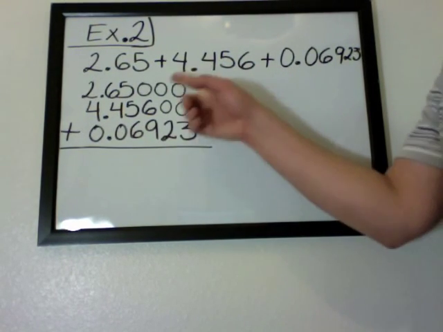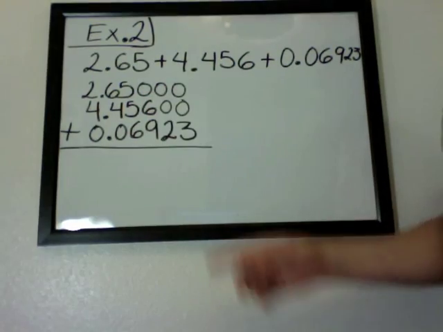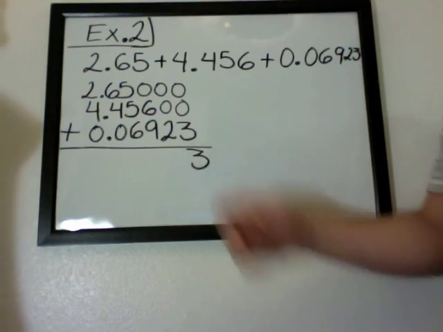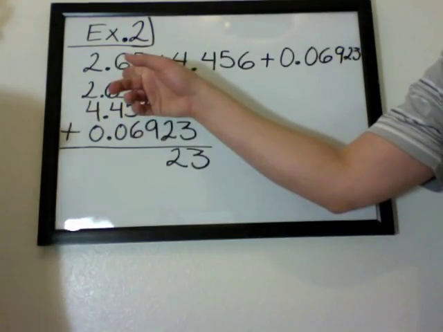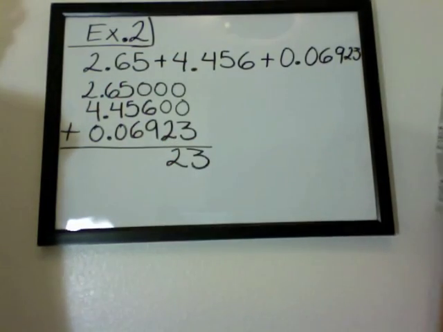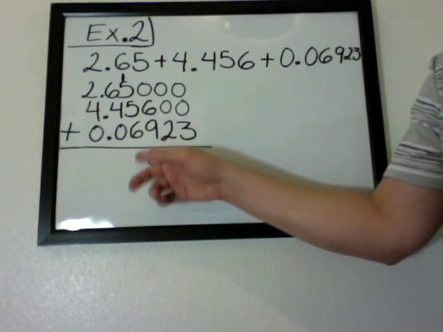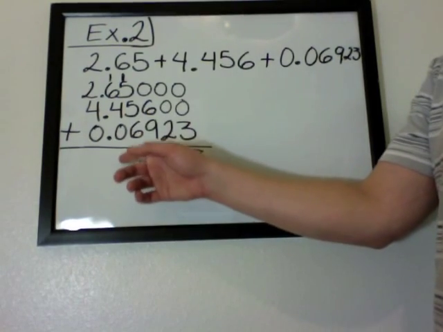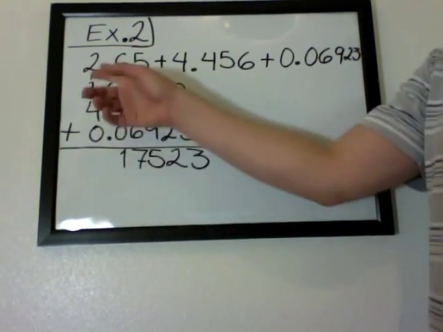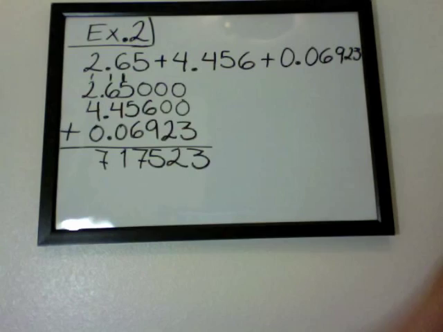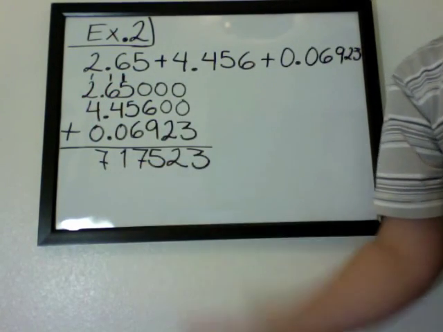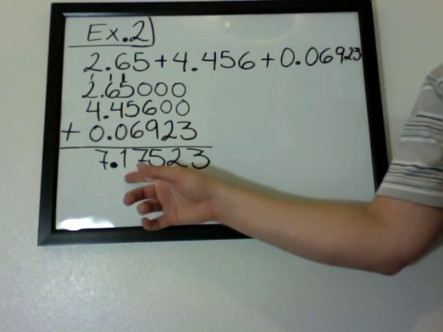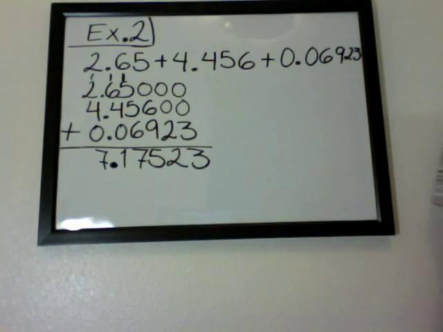Now looking at each column and adding up the numbers in there. So we have a 3, a 2, a 15, and put the 1 up here. So we have a 5 down here. Then we have a 17, and the 1 goes up here. Then we have 11, and the 1 goes up here. And then adding these numbers up, we have a 7. And don't forget to bring down the decimal place. So we have 7.17523 as your answer.